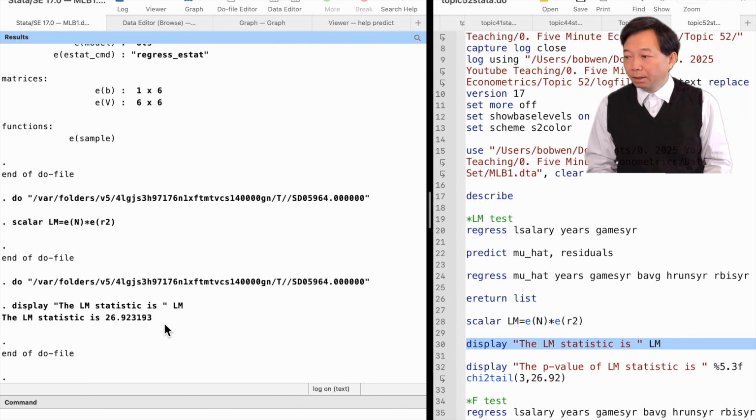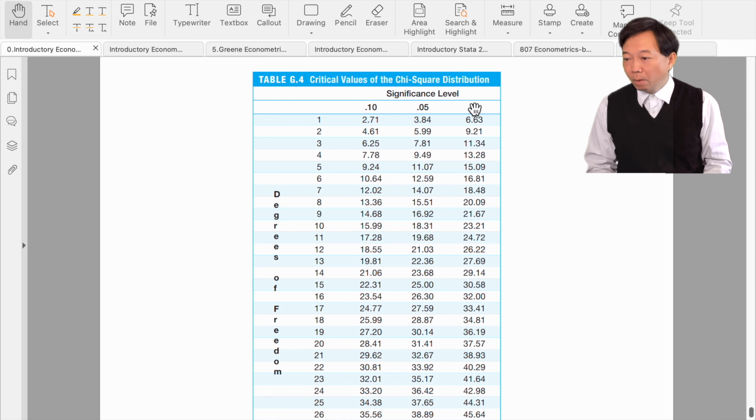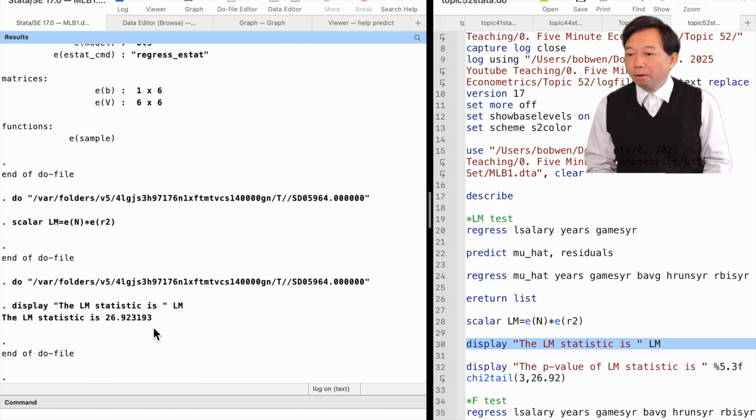The LM statistic equals 26.92. From the statistical table, we find that the 1% critical value of the chi-squared distribution with 3 degrees of freedom is 11.34. The LM statistic is greater than the critical value, so we reject the null hypothesis at the 1% significance level and conclude that the 3 performance variables jointly have a significant effect on the players' salaries, after controlling for the other factors in the model.